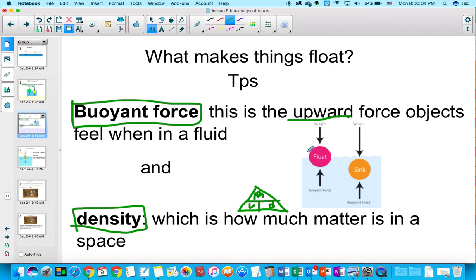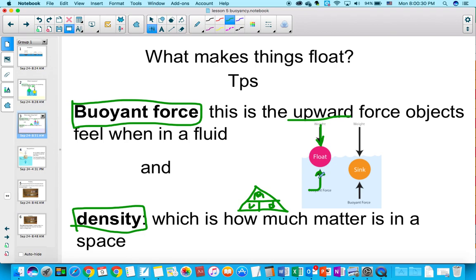So when you put an object in a liquid or a fluid, the gravity of the planet will pull down on the object, while the buoyant force will push up. And so if the buoyant force is greater than gravity, the object's going to float, because the buoyant force, the up force, is larger than the down force.